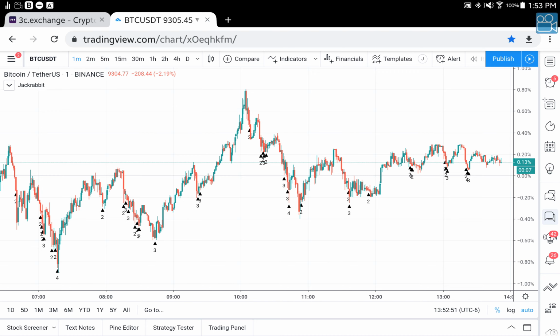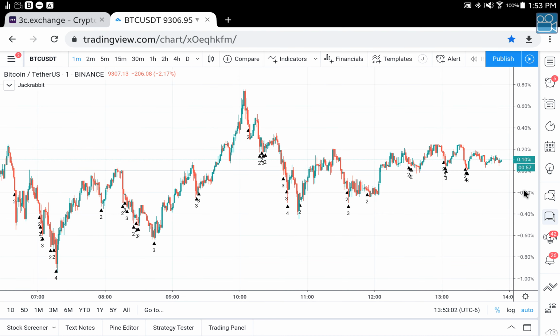So that's the problem that you want to be aware of when you pick your coins. You need to make sure your coins have huge percentage fluctuations, at least to be able to make sure that they don't remain sideways like Bitcoin has done.